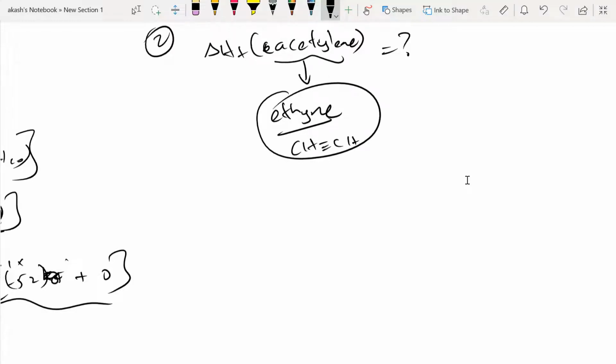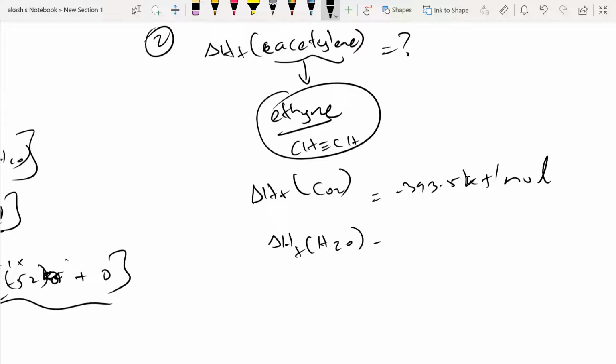Now what is given to you is the enthalpy of formation of carbon dioxide, minus 393.5 kilojoules per mole, and the enthalpy of formation of water, H2O, minus 285.8 kilojoules per mole, and they have given the enthalpy of combustion of C2H2, that is nothing but CH triple bond CH.